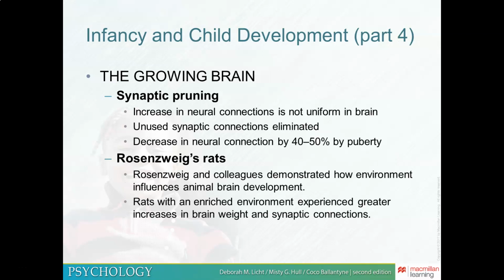Now, as the brain is growing in infancy and child development, they experience what's called synaptic pruning. Unused synaptic connections occur because newborns and young children have an extreme increase in neuronal connections.